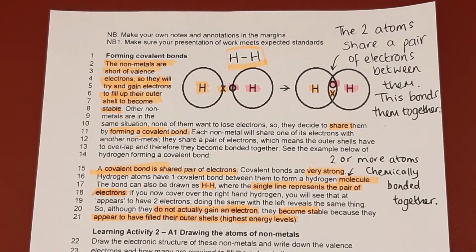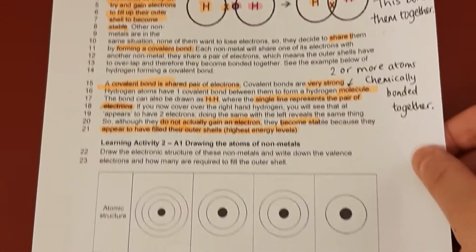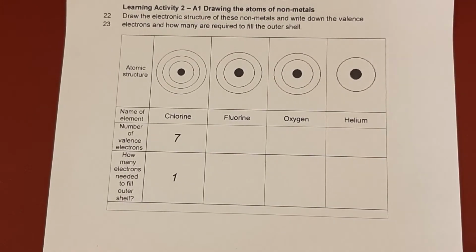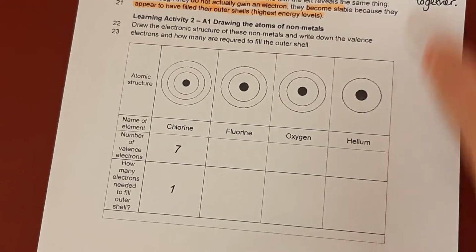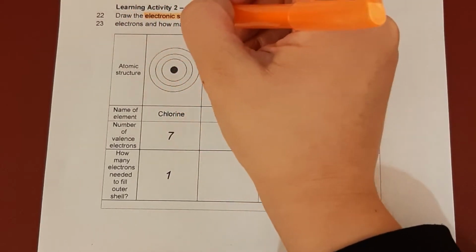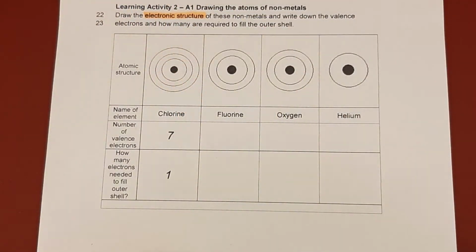So now we're going to look at drawing the atoms of non-metals. Okay, so activity 2. So these are electronic structure diagrams. So we're going to do the diagrams of the electronic structures. So again, we're going to need our periodic tables for this.